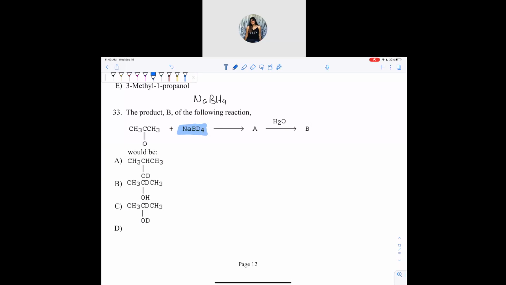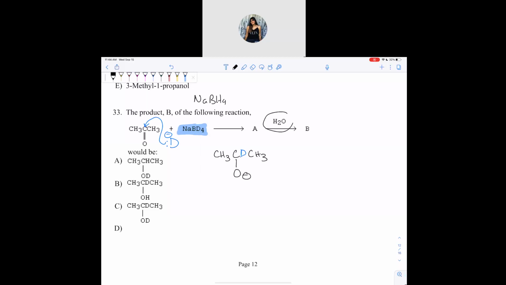So the deuterium is going to be the one that does the attacking. So we end up adding a deuterium. I'll keep it like this just so it's easier to see. The deuterium is going to slide right in here, and then this oxygen is going to become single bonded with a negative charge.